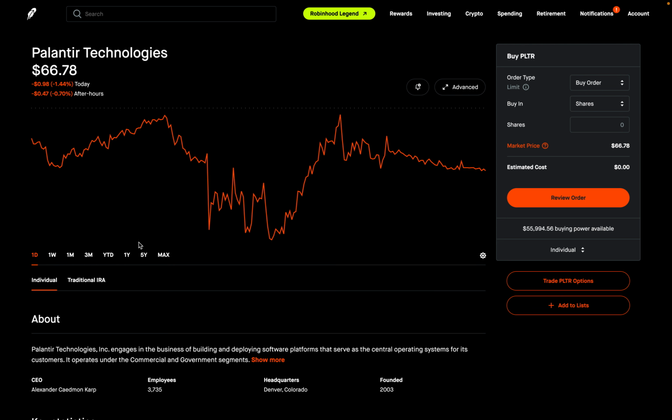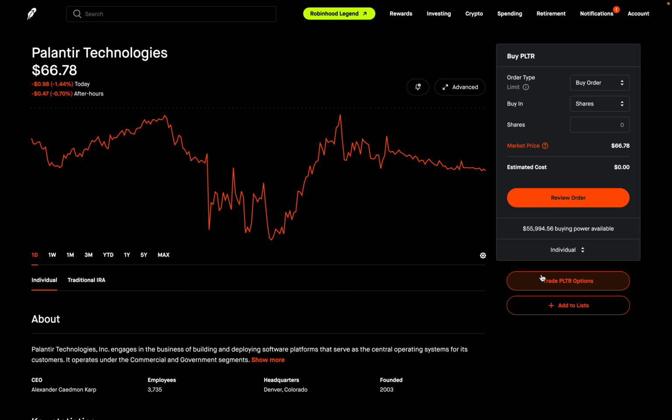So today, I want to talk about what we can do when a cash secured put drops below our strike price. For today's demo, I'm going to be using this stock right here, Palantir Technologies, ticker symbol PLTR. Keep in mind, everything I'm showing you here today is just an example.